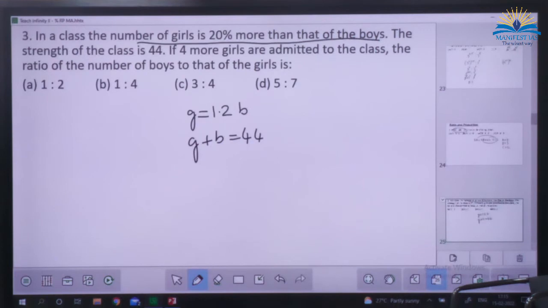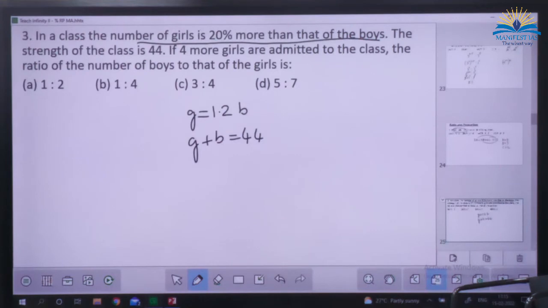So now what is the value of B? 440 divided by 22. 22 ones are 22, 22 twos are 44. So B is equal to 20.